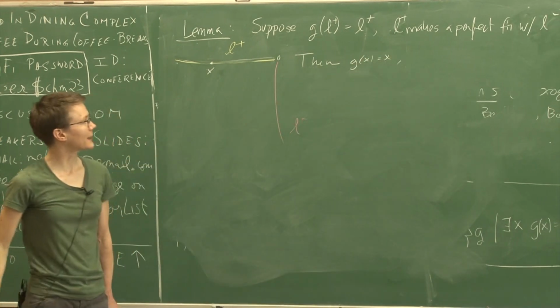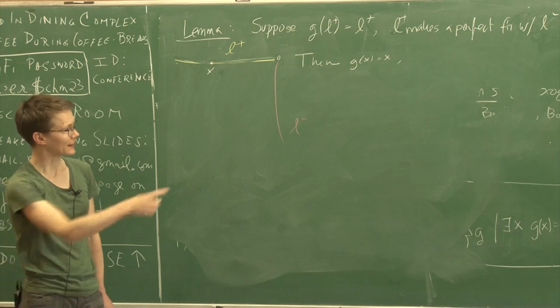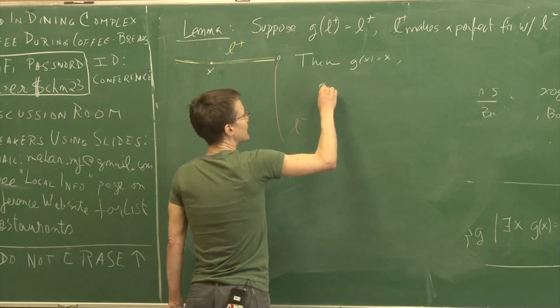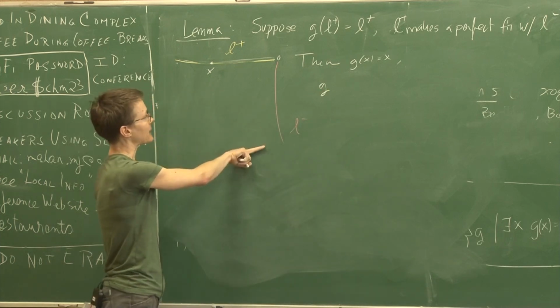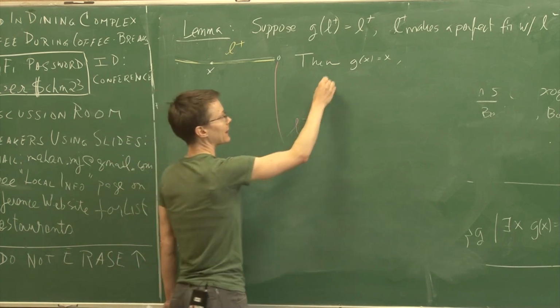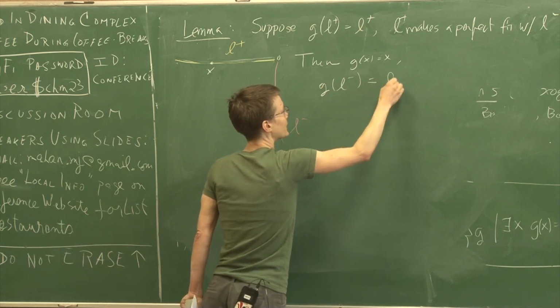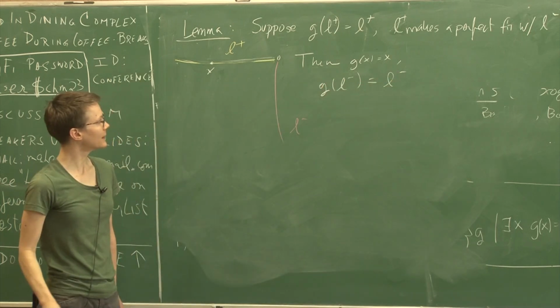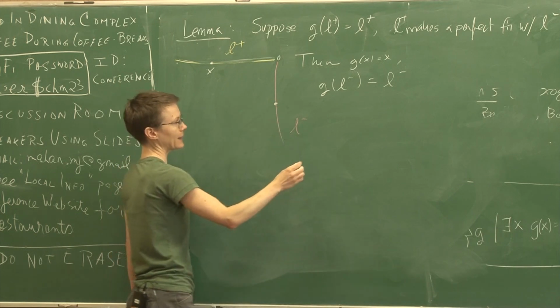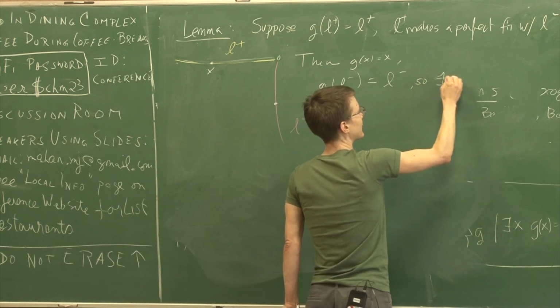That's not something that's one of my axioms. Here's something that you have to actually prove. G fixes the leaf making a perfect fit with the fixed leaf. So it has a fixed point on this leaf as well.